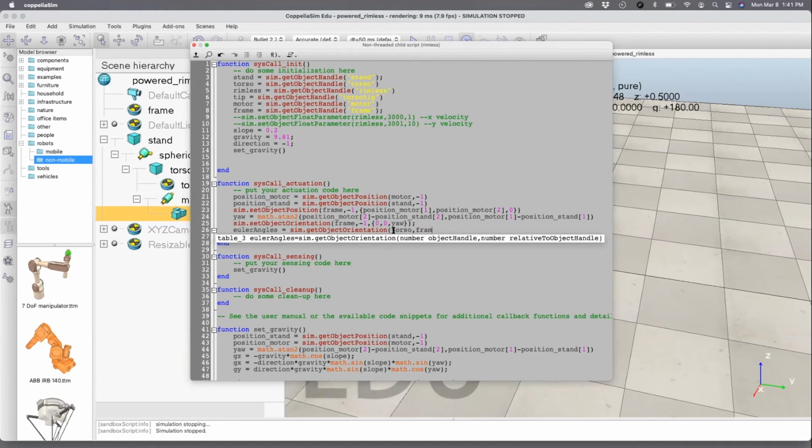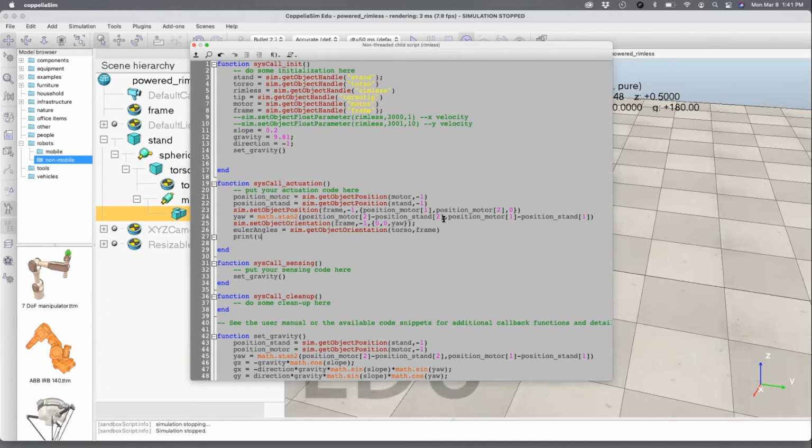In this case it's the frame attached to the dummy, moving with the dummy with the right orientation. You do that, and then we can say print Euler angles 1, Euler angles 2, Euler angles 3.